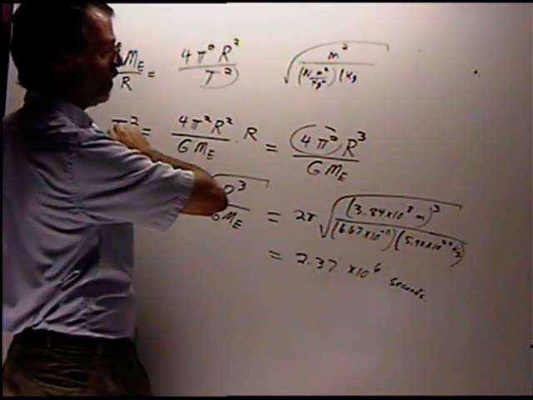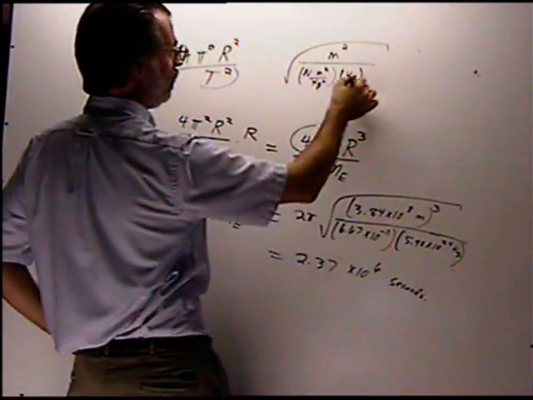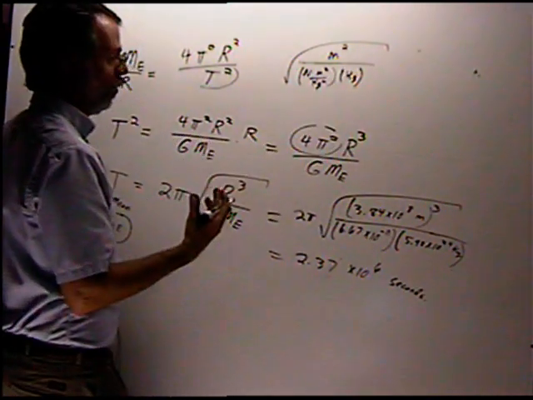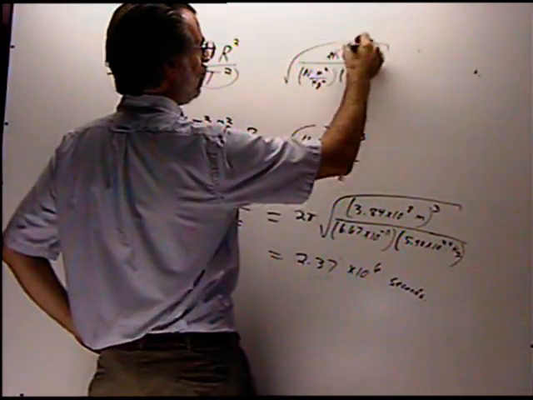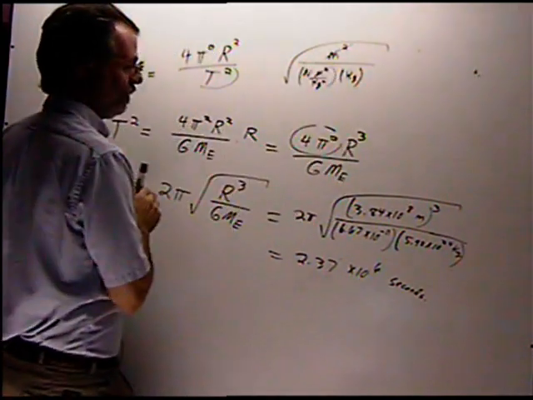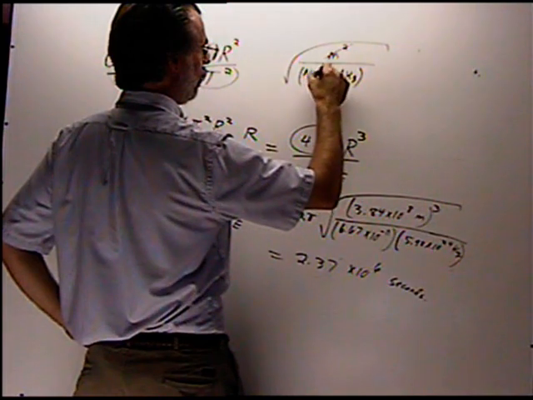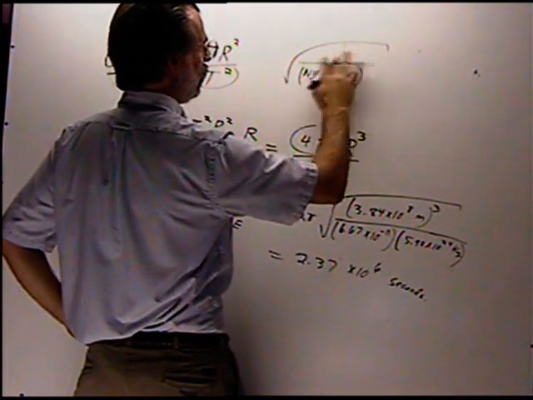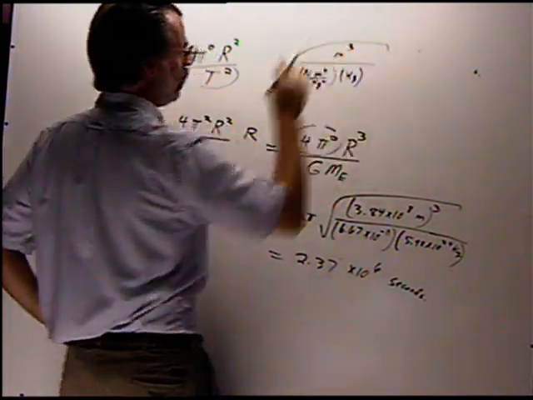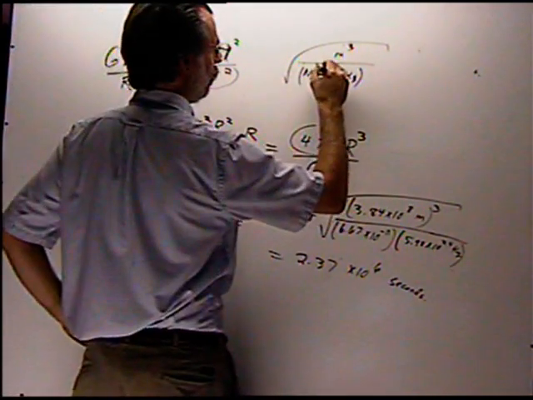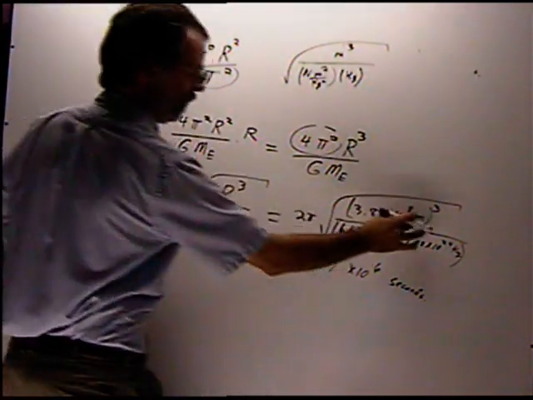So from a units point of view, we need to convince ourselves that the units work here. Notice that these meters squared cancel out. Excuse me, this is meters cubed. I'm sorry, meters cubed.